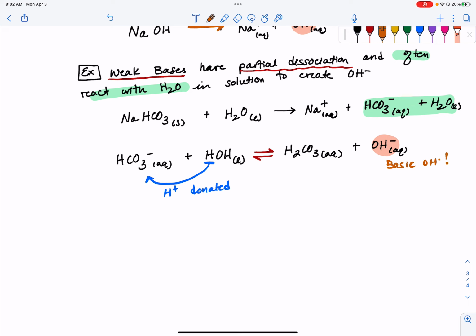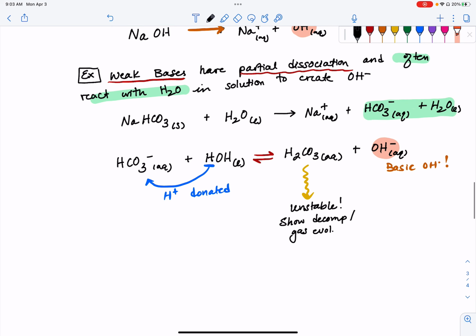Now, if you remember from our gas evolution reaction video, you might recall that carbonic acid, which is what H2CO3 is, is not something that is stable in solution. So it's even better to write this reaction that shows the decomposition or the gas evolution that results from carbonic acid being made in solution.